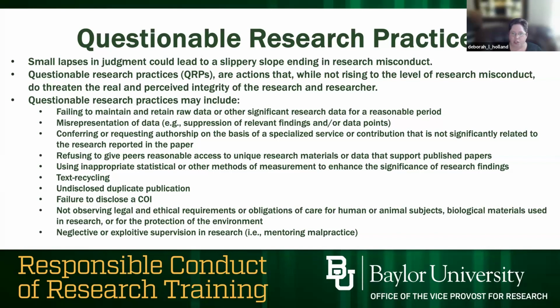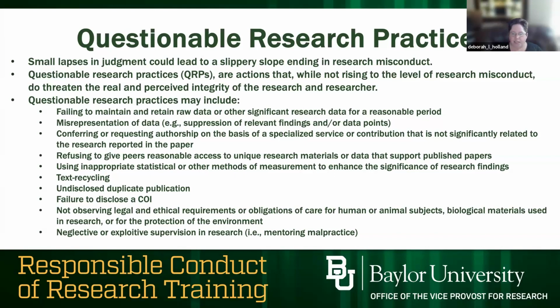Conferring or requesting authorship on a basis of specialized service or contribution that is not significant. Refusing to give peers reasonable access to unique research materials or data that support published papers. This goes to reproducibility.